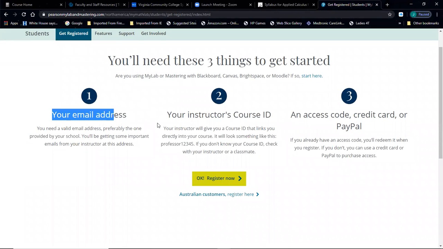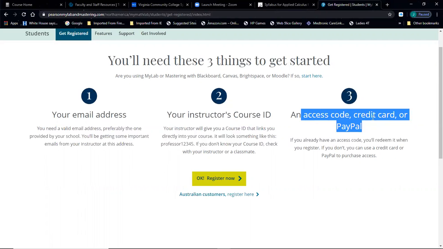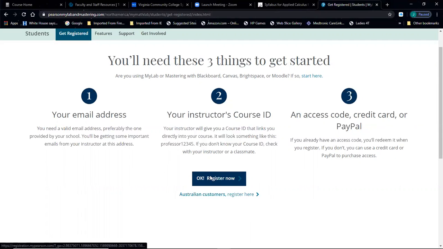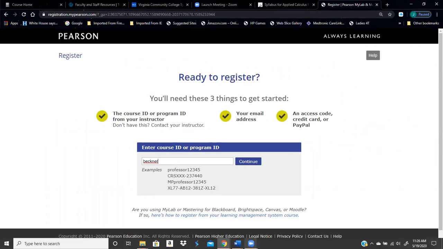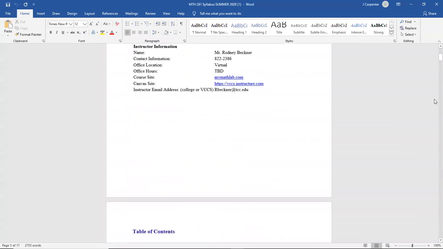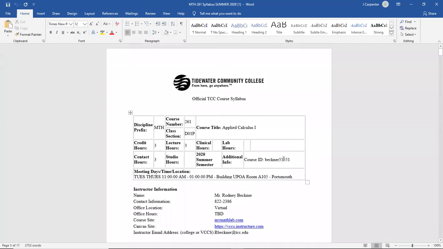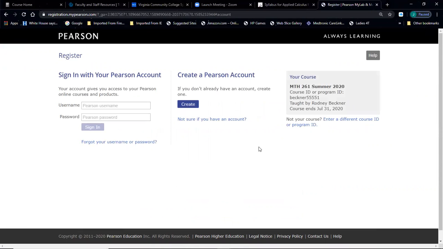The things you need: email address, the course ID that I provided over email, and then either an access code or credit card or PayPal, or just click the 14-day free trial button. Click OK, register now. Type in your course ID, which is Beckner, and then a 5-digit number. It's in the syllabus, it's in your email, you're about to see it right now. 55551. Isn't that fun? Continue. So again, Beckner 55551.